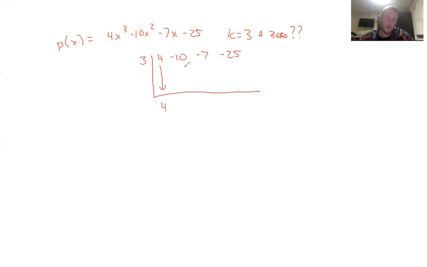So 4 plus 4 times 3 is 12. This would be 2. This would be 6 because 2 times 3 is 6. 6 plus negative 7 is negative 1. This would be negative 3. And the answer is negative 28. So the answer is no. When you plug 3 in, your p of x is equal to negative 28, not 0. All right? So that's how you would do that.